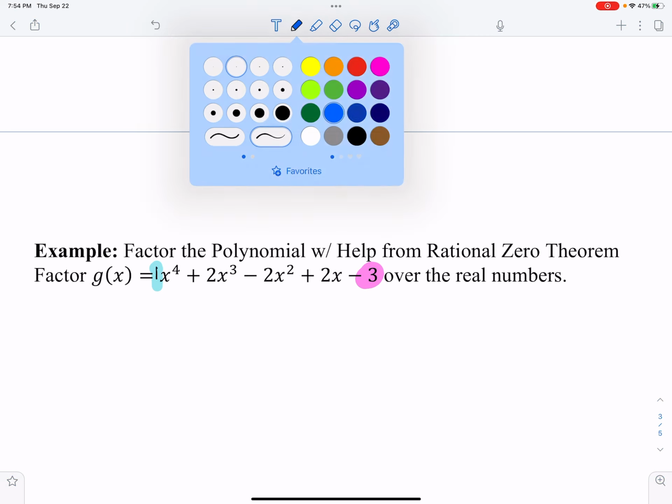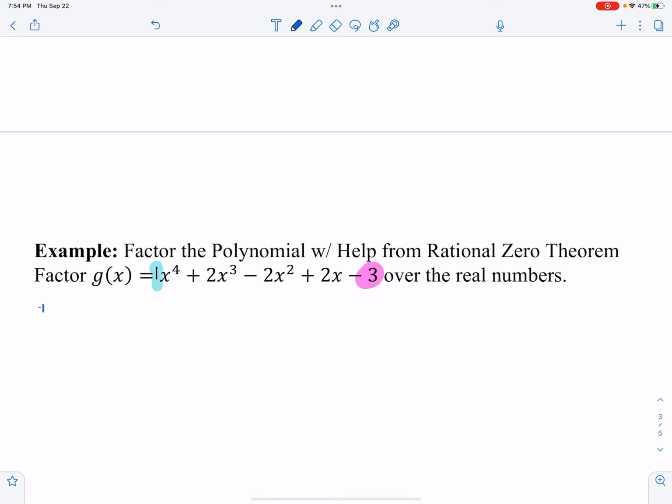Okay, so all of our possible rational zeros can be listed as plus or minus the factors of -3, which would be 1 and 3, over the factors of our leading coefficient, which is just 1. So the different combos that we're going to have are plus or minus 1, and plus or minus 3.